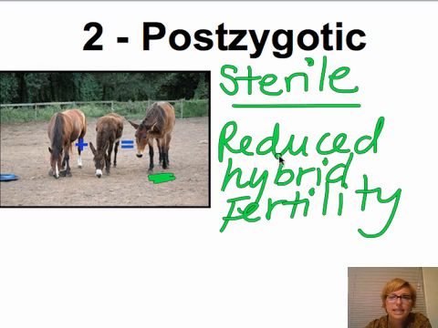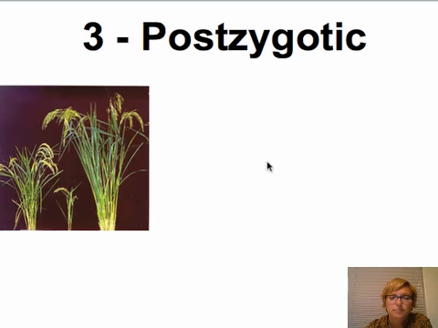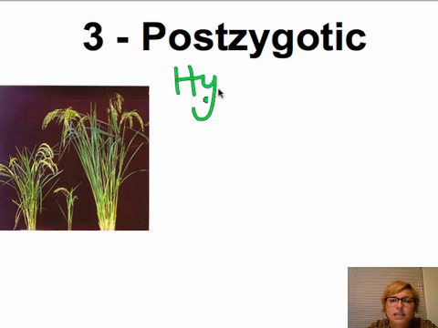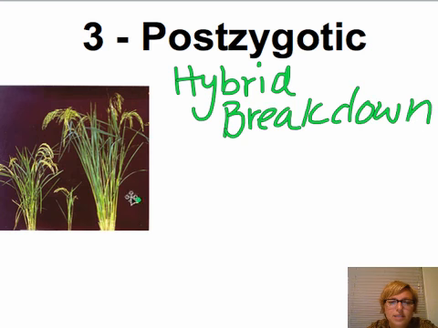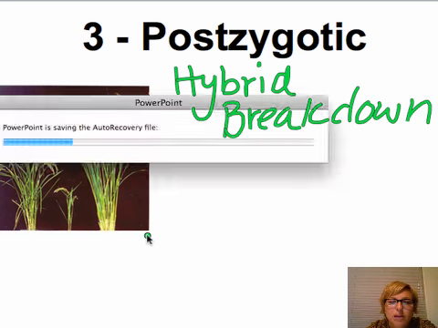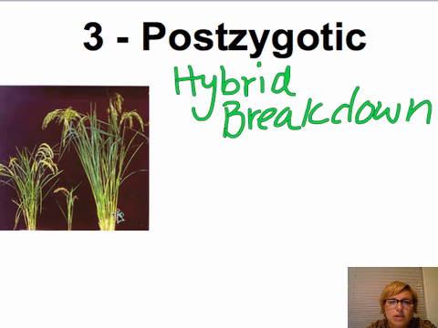Our third and last post-zygotic barrier is something that we don't really see that often, but it's called hybrid breakdown. And an example of this is rice. What happens is we have a first generation hybrid. So if this is a parent species, and this is our first generation hybrid, we always call first generations F1.